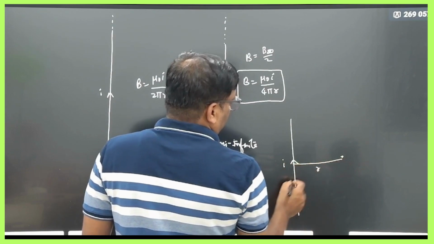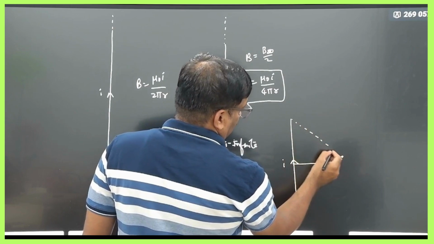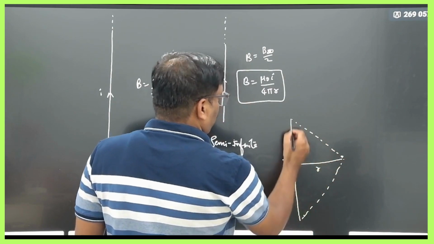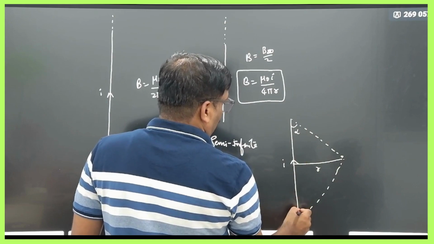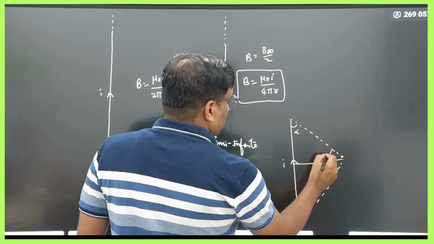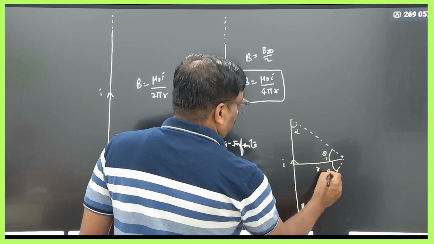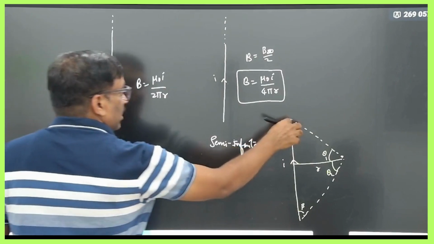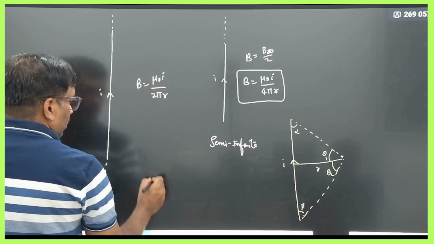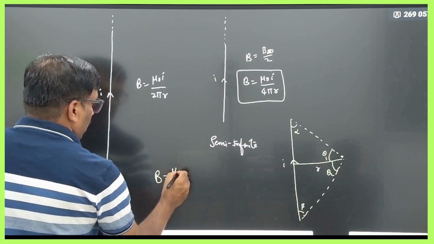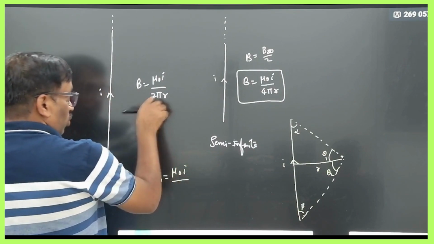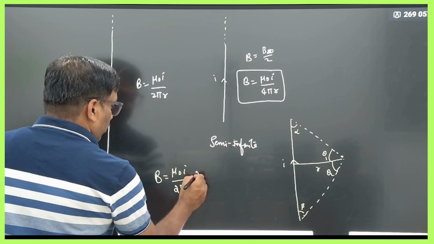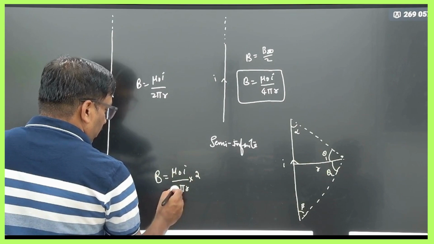If you know the angles alpha and beta, or theta 1 and theta 2, how to write it? For infinite, B equals mu naught I by 2 pi r; here 2 is multiplied, so it will be divided by 4.